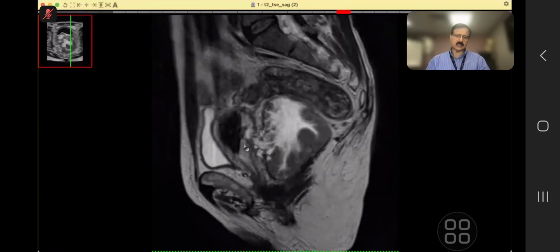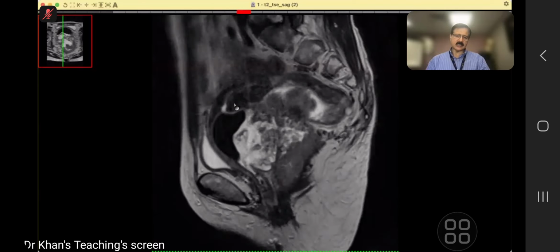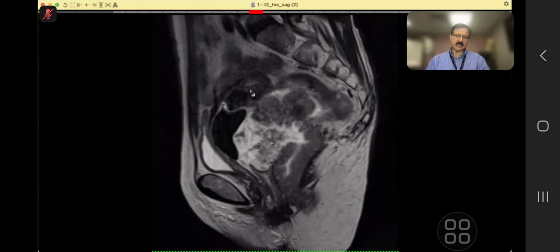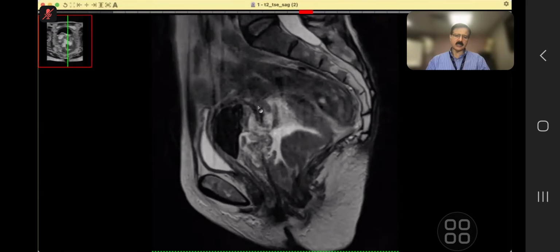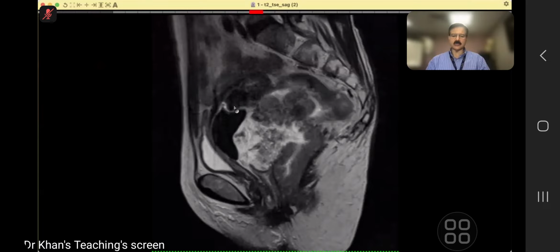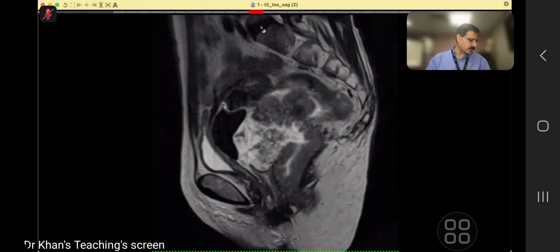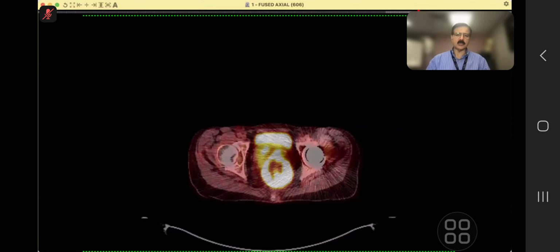As far as the uterus is concerned, this is the uterus, and it is a postmenopausal uterus. This is the cervix. This is the endometrium. This is retroverted. So it looks fine. It is not invaded by it, but the whole of this vagina is invaded. So this was also a pattern recognition type of case, nothing special.